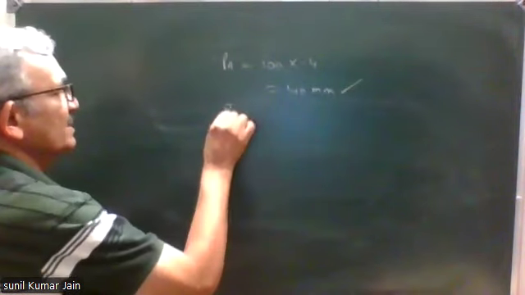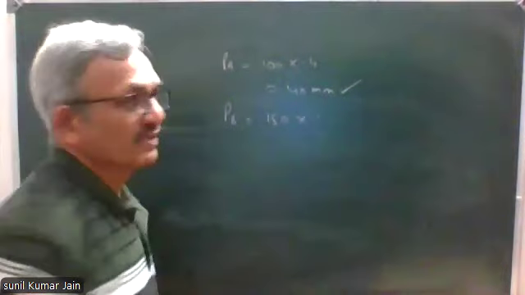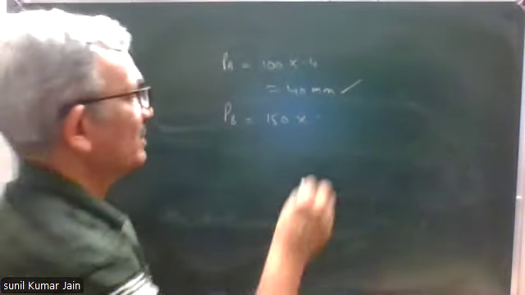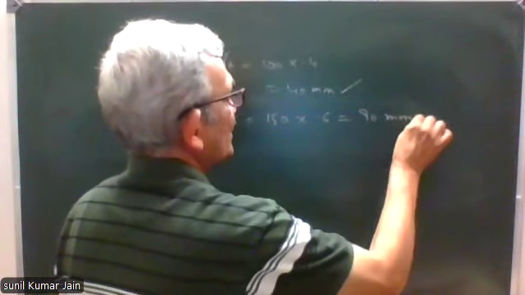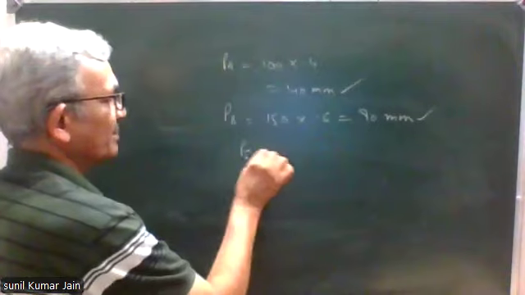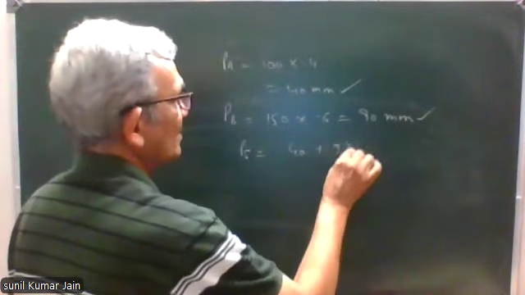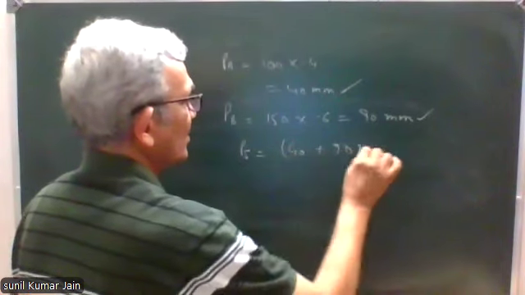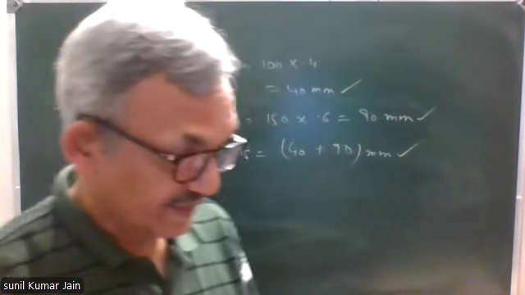That is one answer. PB will be P naught B into mole fraction of B, which is 1 minus 0.4, that is 0.6, 90 millimeters. And P total or P solution will be this plus this, 130 millimeters.